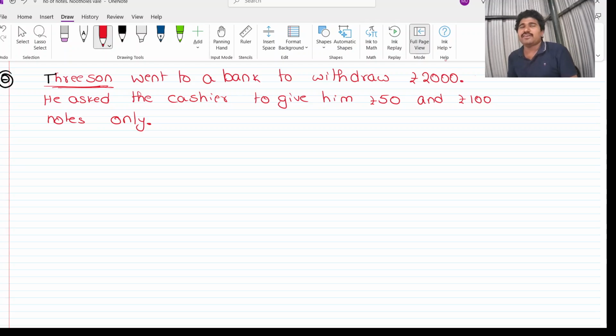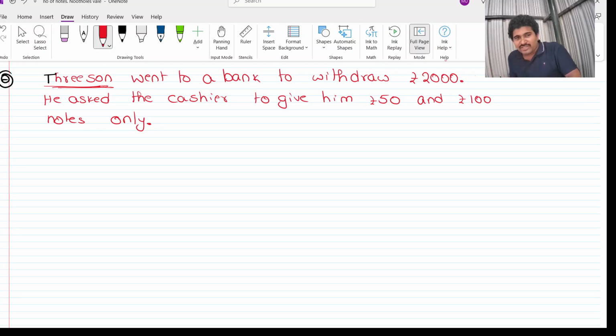Right. Okay. What is his requirement? He wants only 50 rupee notes and 100 rupee notes. Understand? Okay. Only after getting the money, he will count, right? Yes or no?